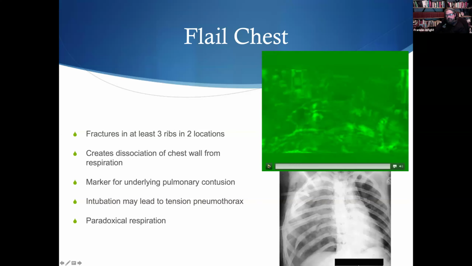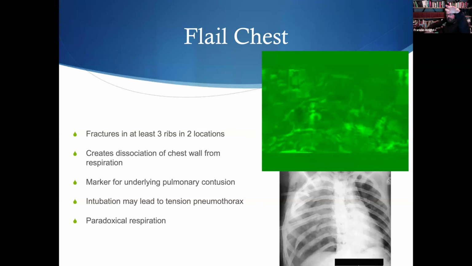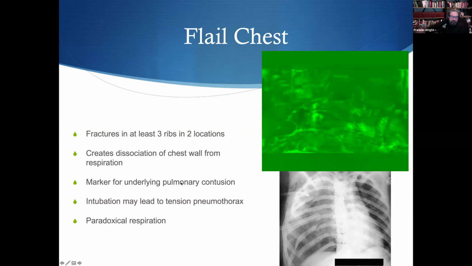And when she exhales, you get this almost wave effect where one side of the chest expands when the other side collapses. Then when she breathes in, her right side gets sucked in and the left side normally expands, and so it creates this kind of wave effect.